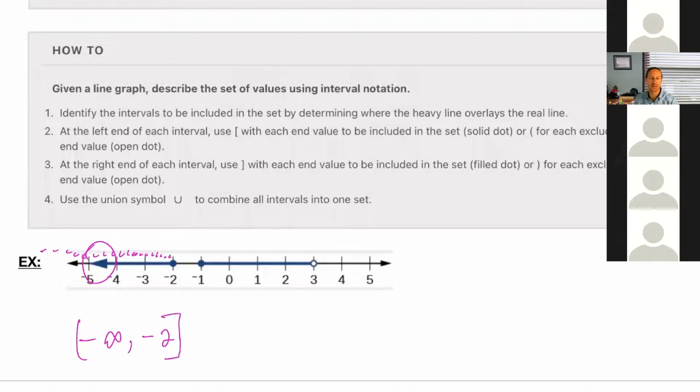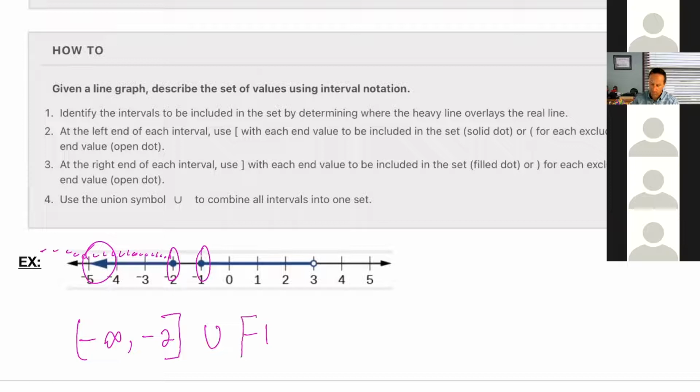Give it the brackets, but you can see there's a little void here, isn't there? There's nothing here that we want to be included in our solution set or domain or whatever it is, the question that we're working with. So we need to unite the other solutions, which starts at what value? And is that included?